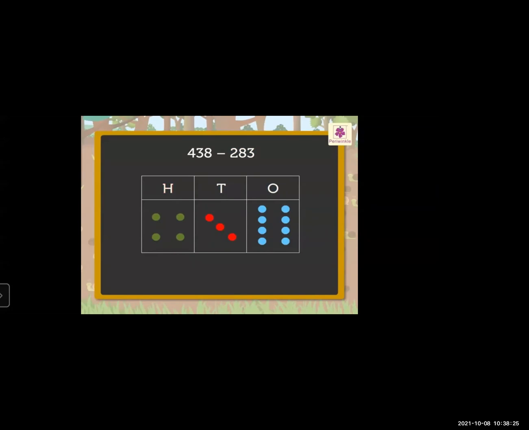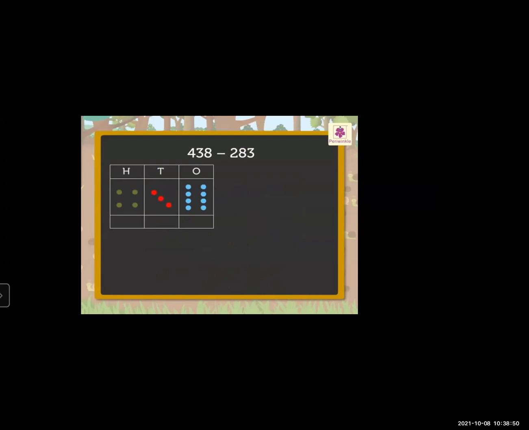But look, there are 3 dots in the tens column and we need to cancel 8 red dots. We cannot subtract 8 from 3. So we regroup 1 green dot to 10 red dots, as we already know that 1 green dot is equal to 10 red dots. So now we represent 438 with dots like this.